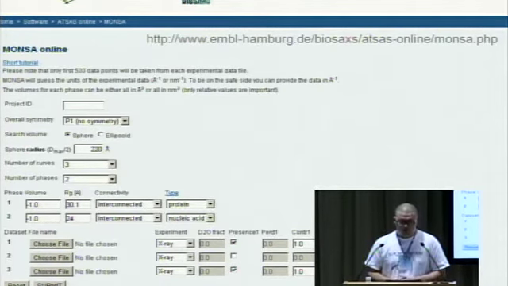However, Monza permits you to perform ab initio modeling from things like a protein complex with a nucleic acid, so a protein-DNA complex, for example, or it also permits you to work with neutron scattering data.